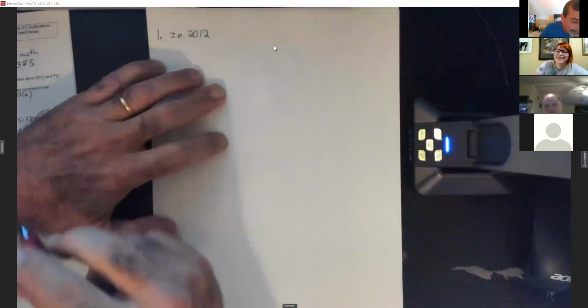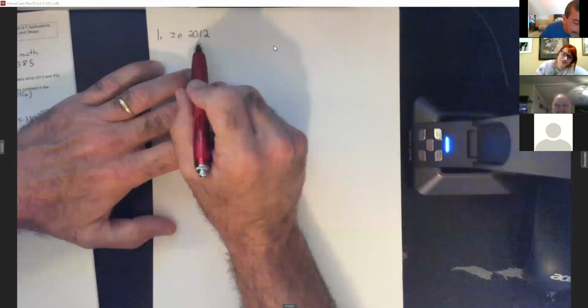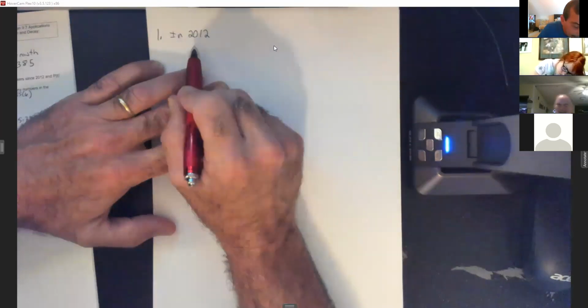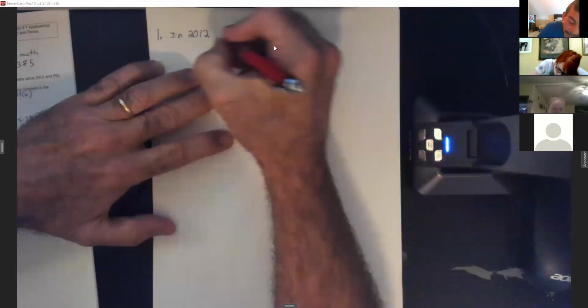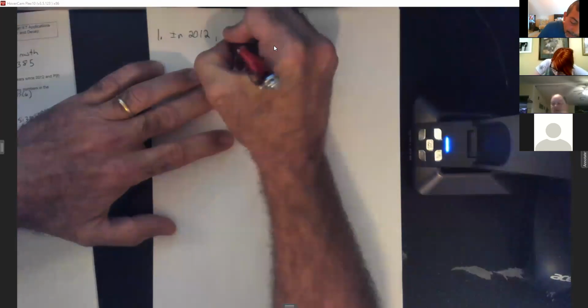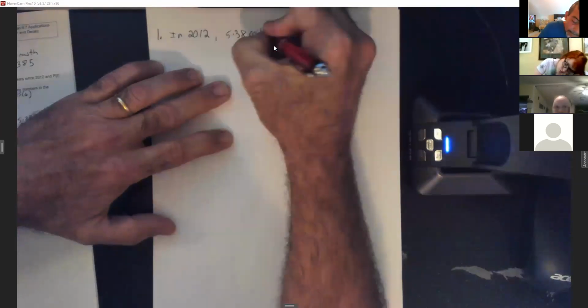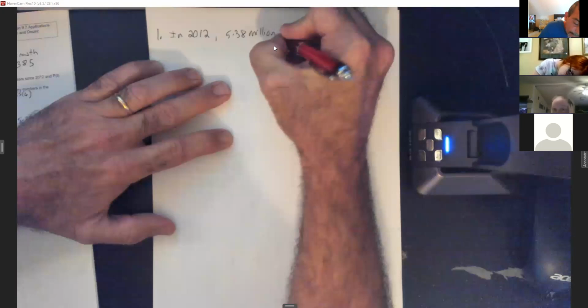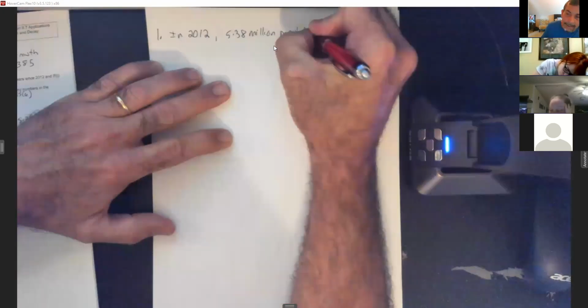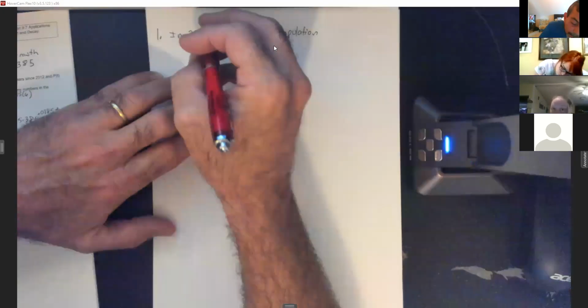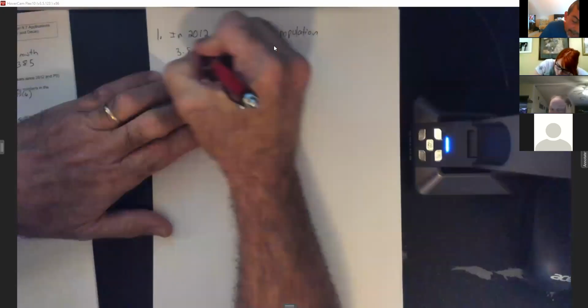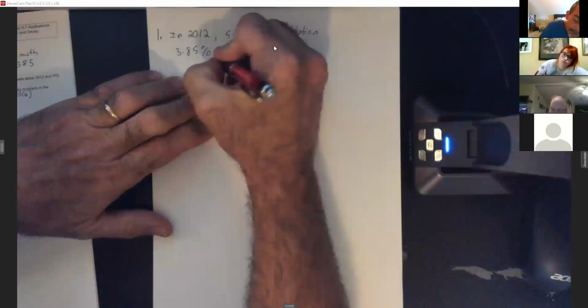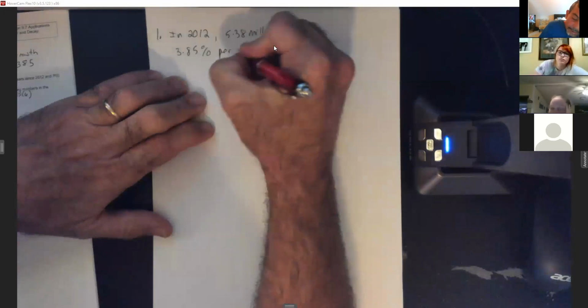So look at this. In 2012, the population of a city was 5.38 million. Then it tells me the exponential growth rate was 3.85% per year. So that'll be the growth.